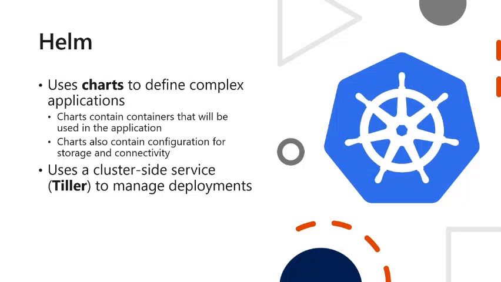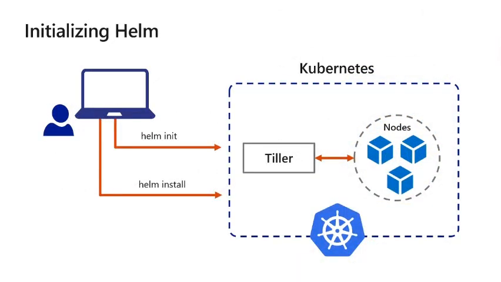Helm is a package manager for Kubernetes that allows developers and operators to more easily package, configure, and deploy applications and services onto a Kubernetes cluster. Helm is an official Kubernetes project and is part of the Cloud Native Computing Foundation, a non-profit that supports open source projects in and around the Kubernetes ecosystem.